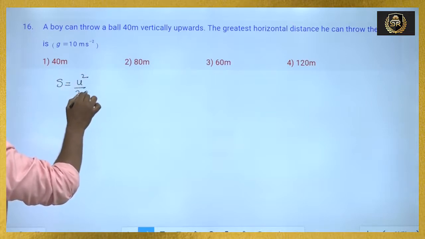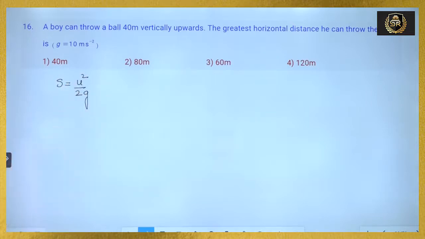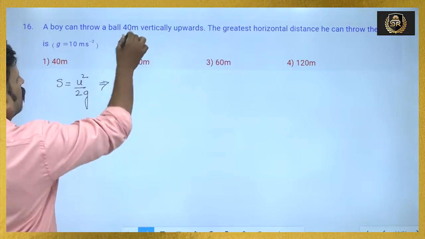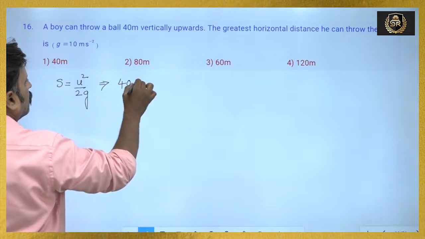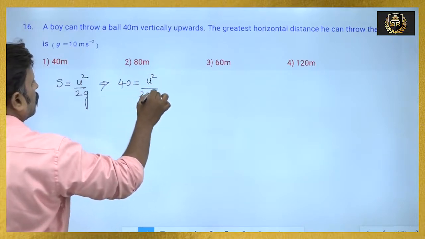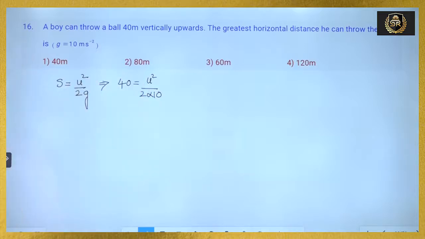Here I am writing S is equal to u square by 2g. Distance is how much given? 40 meter. So, 40 is equal to u square by 2 into 10, because the value of g you are asked to take it as 10.